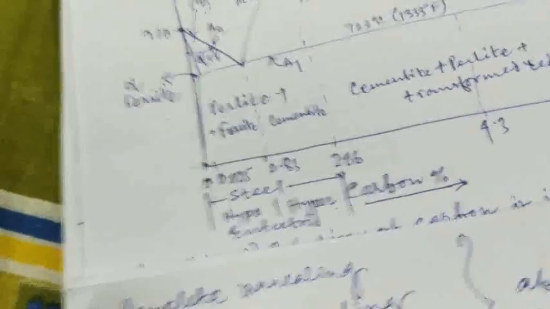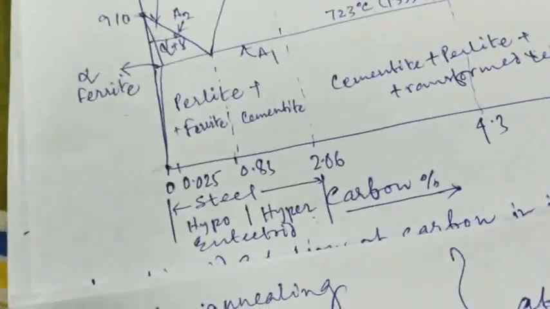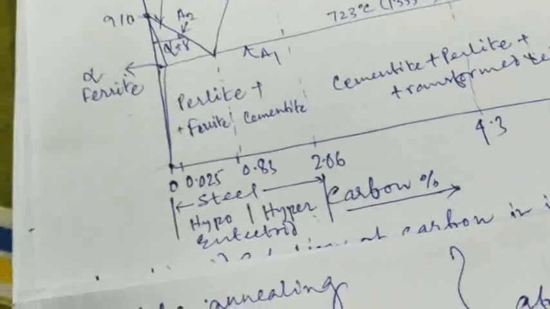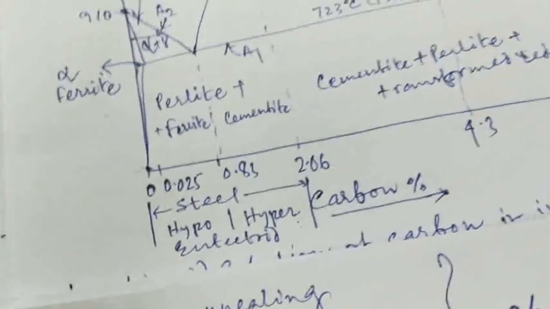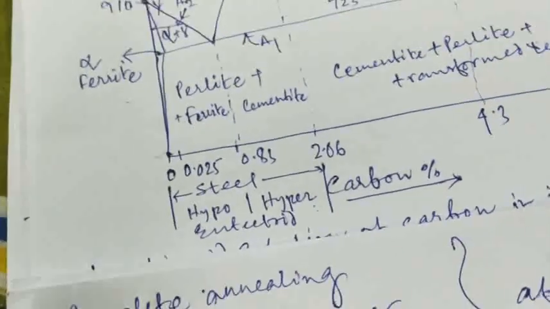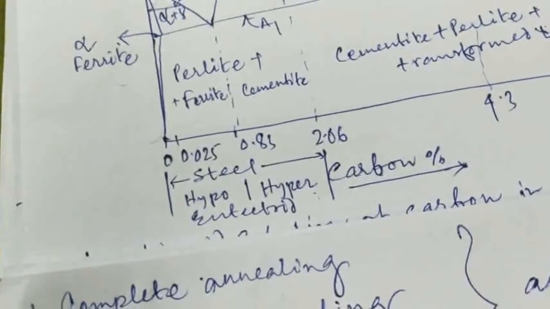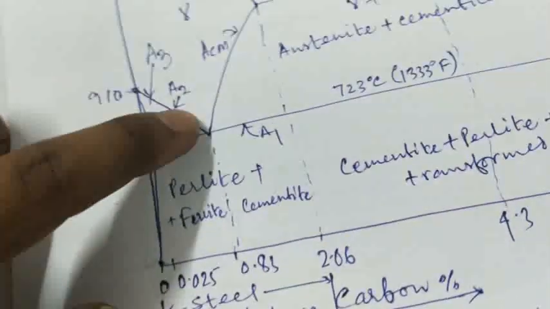Objectives are to eliminate the dendritic segregation and regional segregation in the solidification process, and to homogenize the composition of the organization.